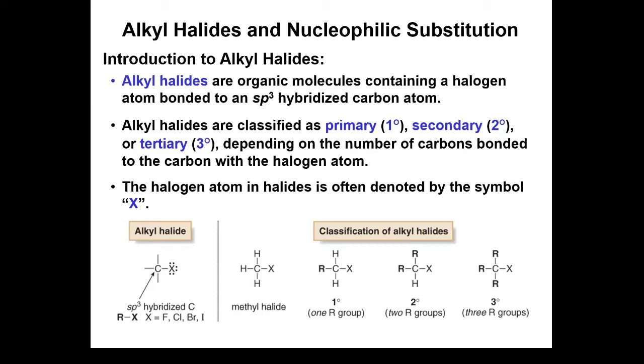Alkyl halides are sp3 carbons where one of the carbons is bonded to a halogen. A halogen's notation is usually the letter X, and you'll see it with multiple Lewis dot electrons, lone electrons around it.